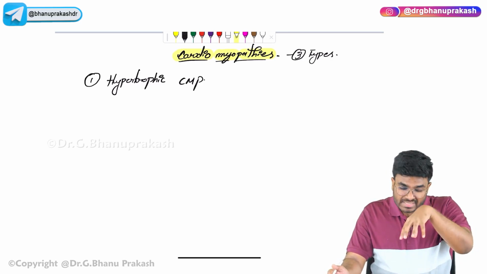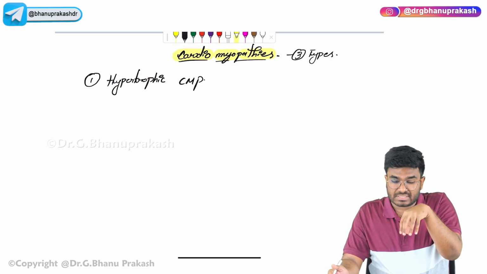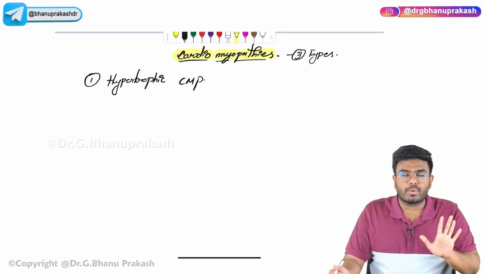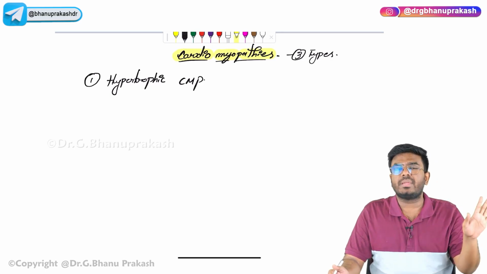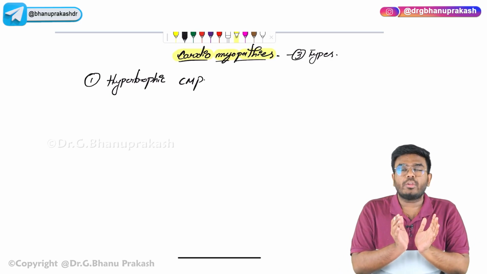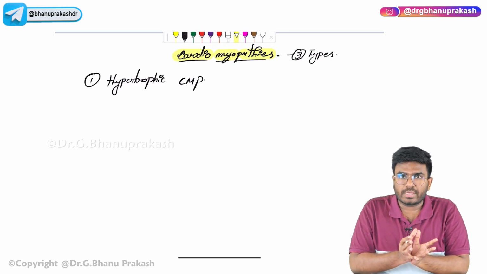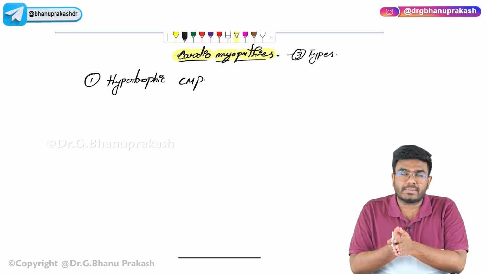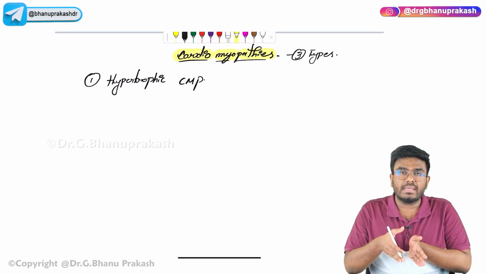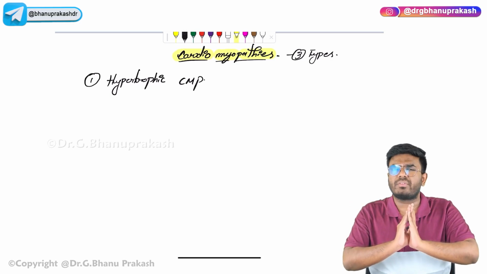These cardiomyopathies, these 3 types I am discussing, are not associated with any heart related problem. They are not associated with ischemia, they are not associated with any valvular lesion. Everything is proper, everything is normal.